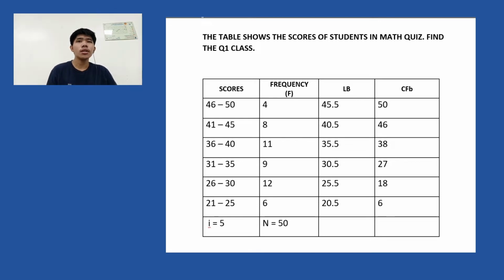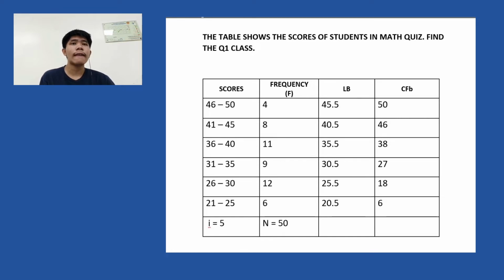Our frequencies are 6, 4, 8, 11, 9, 12, and 6. Now the total of the frequency is 50, as shown below, or N is equal to 50.